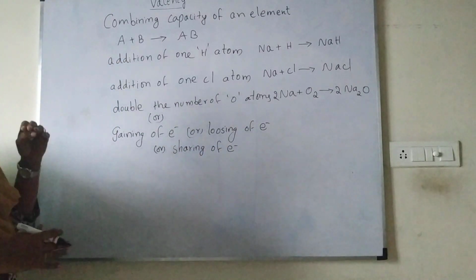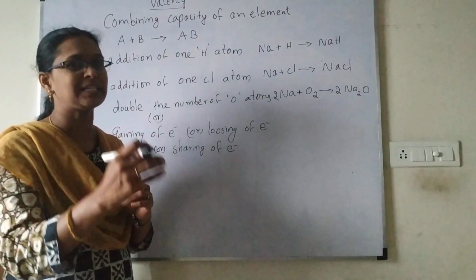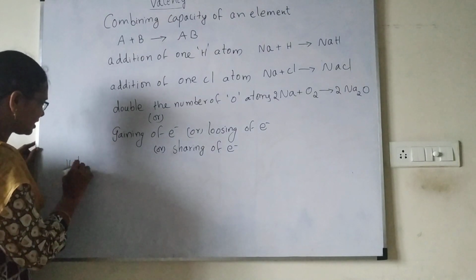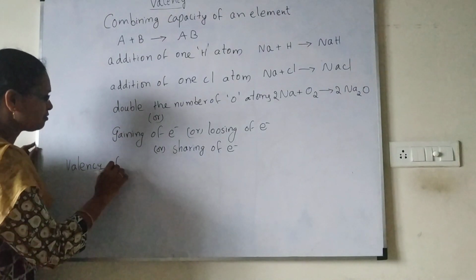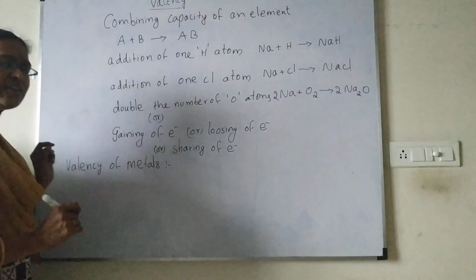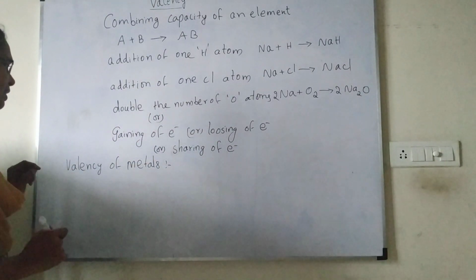Now how can you find the valency of metals and non-metals? See here, I am writing valency of metals. In the periodic table, 92 metals are there, right?